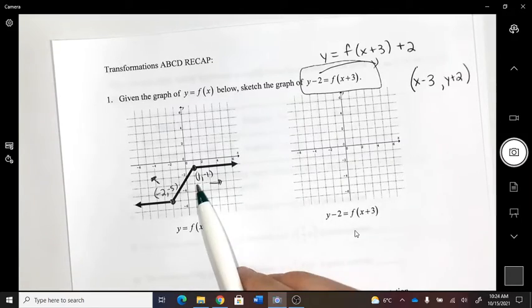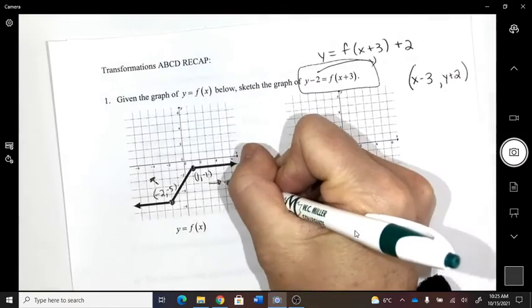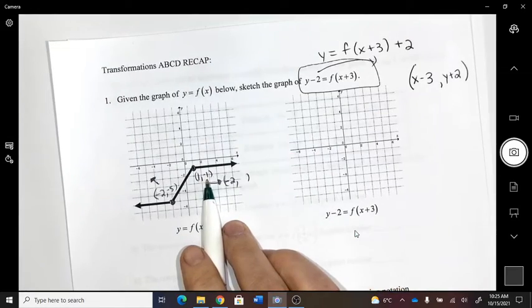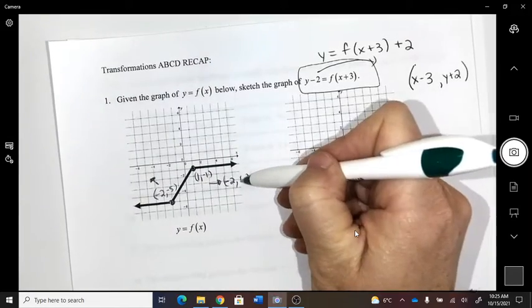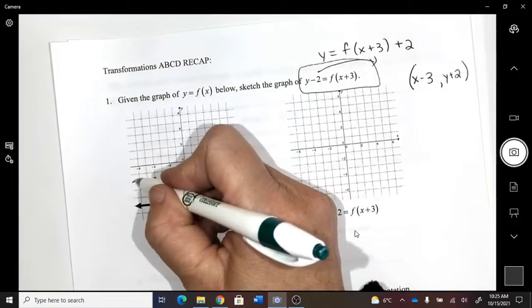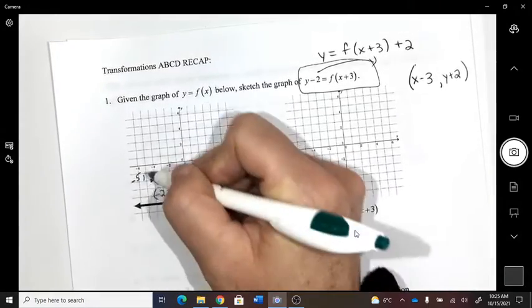Okay, so I'm going to go 1 subtract 3, so that's going to go to negative 2, comma, positive 1. Is that good? And then this, so subtract 3 and add 2.